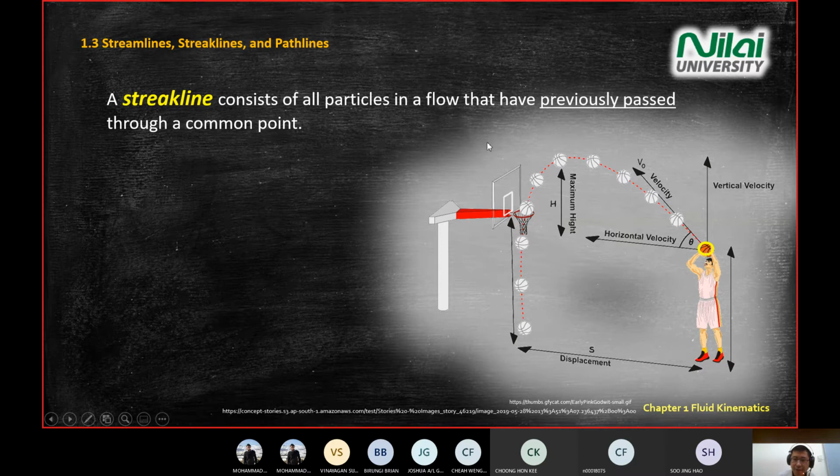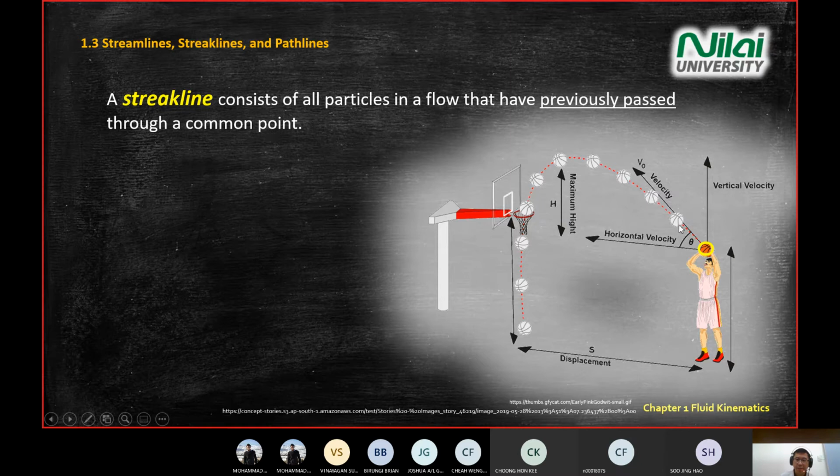You will see, for example, on the slide here, there's a basketball in gray color. All this gray color, and then you connect it with a line, it will become a streakline. This is what it means by this sentence: a streakline consists of all particles in the flow that have previously passed through a common point.